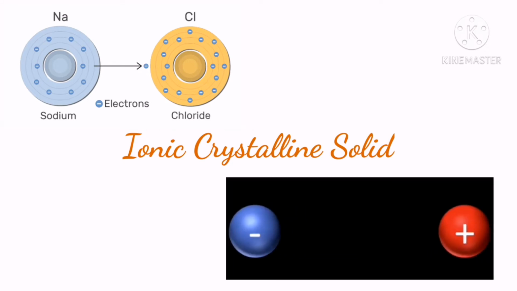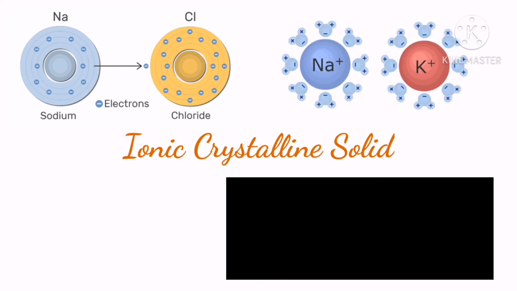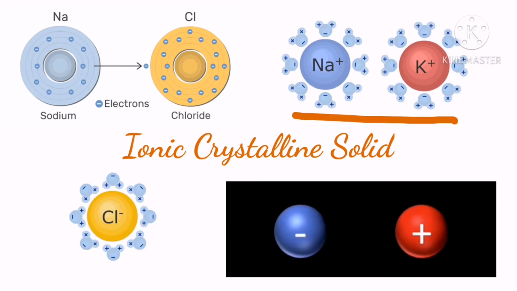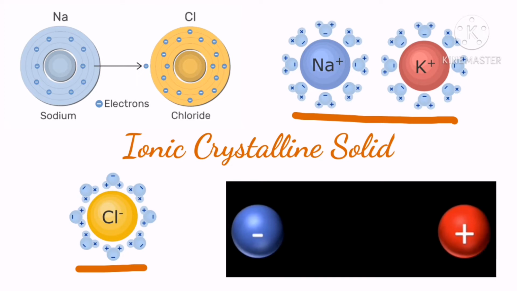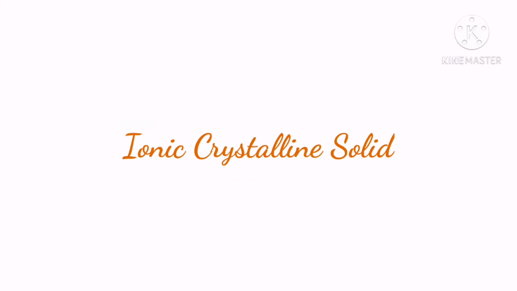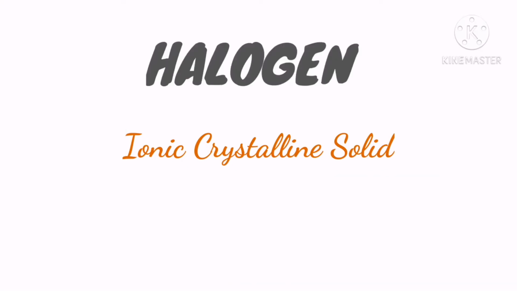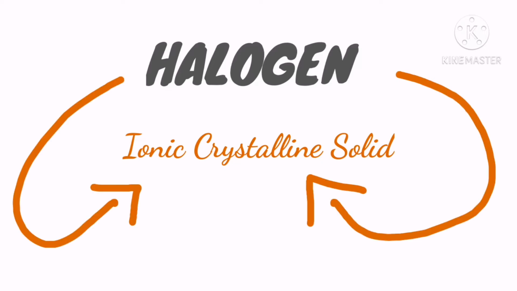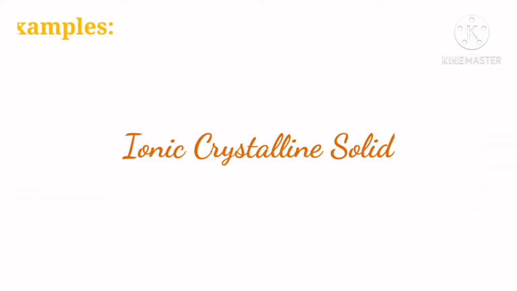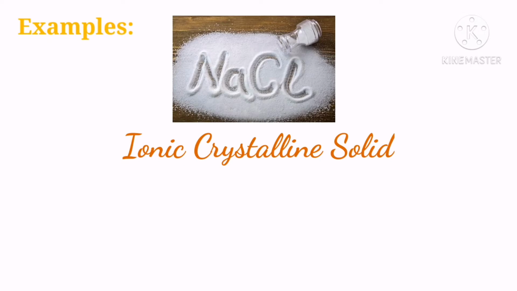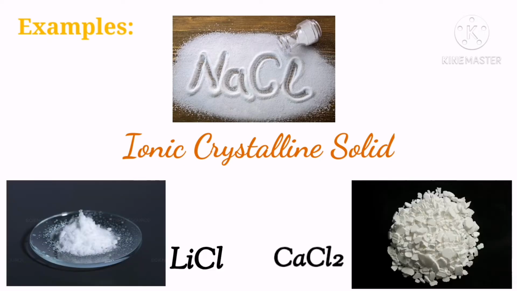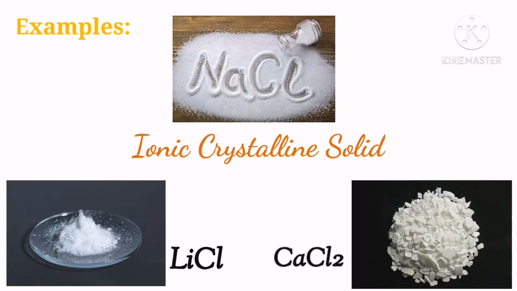These electrostatic forces are forces between positively charged ions and negatively charged ions of different atoms. Basically, when an alkali metal or an alkaline earth metal reacts with a halogen, this will always or mostly produce ionic crystals. Examples are sodium chloride, lithium chloride, and calcium dichloride.